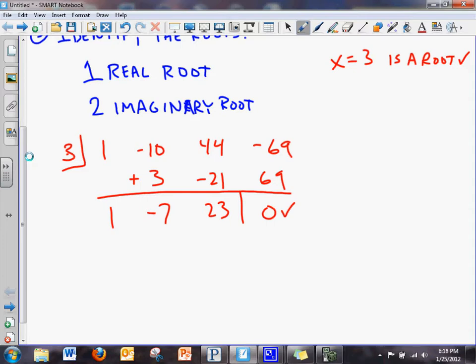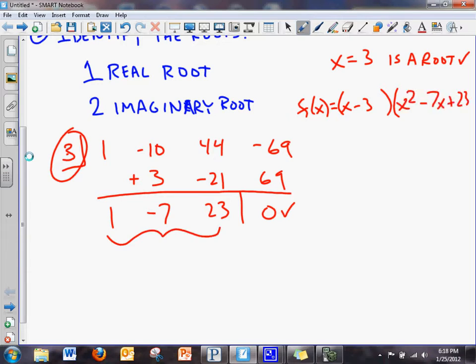All right, so I'm over to the right here. I'm going to write a summary statement from the work that I just did. So the equation, let's call it f of x, can be factored into the linear factor for 3, which is x minus 3, and then the quotient here, which is x squared minus 7x plus 23. It's a quadratic, 3 terms.